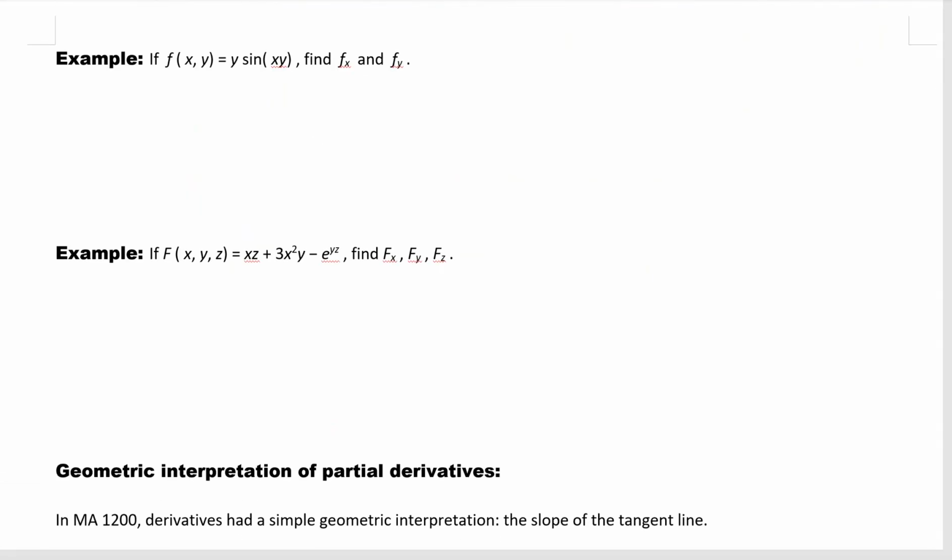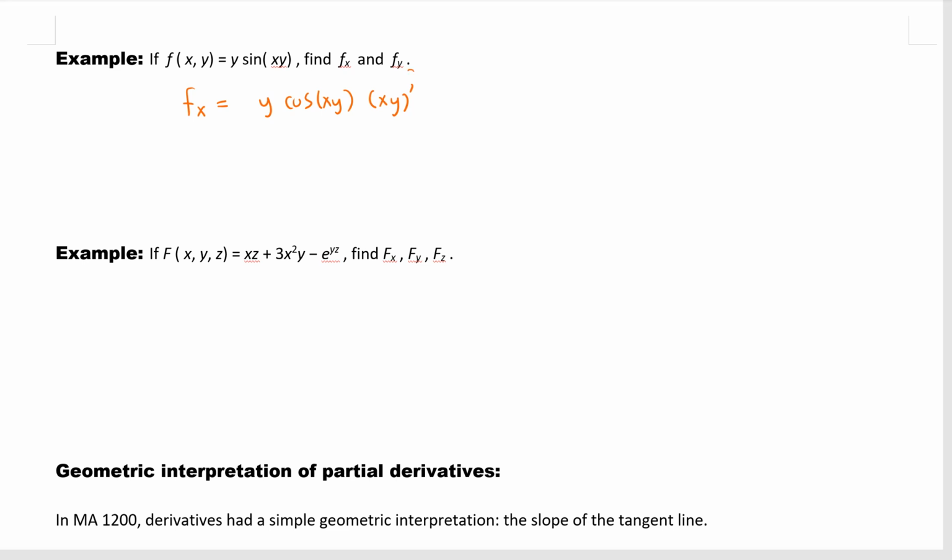Okay, so we have the following function. Let's find the partial derivatives. So fx is, okay, y is just a constant. Leave it there. And then chain rule. Derivative of sine xy is cosine xy, because chain rule we have u prime.